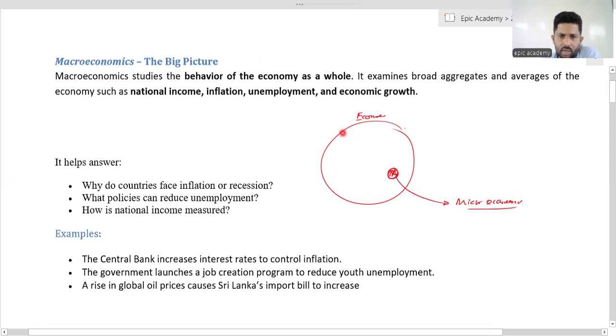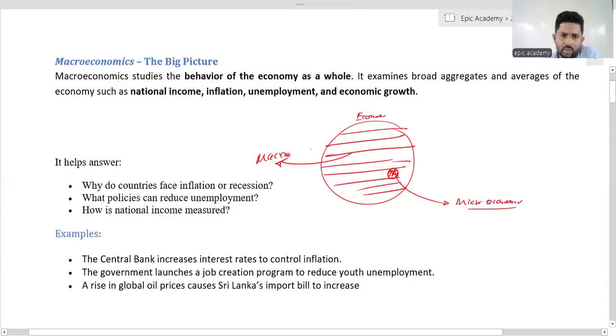If you are going to study all things together at once, we call this macroeconomics. Macroeconomics studies the behavior of the whole economy.